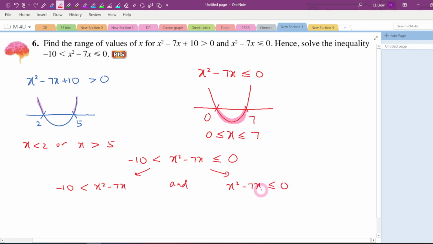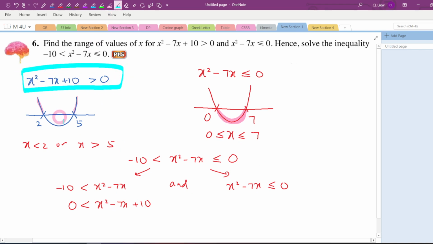We did this just now, right? If I bring the negative 10 over here, it becomes x squared minus 7x plus 10, which is this one, right? How about this one? This is this. So we don't have to find the range of x for these anymore. We just combine these two together.